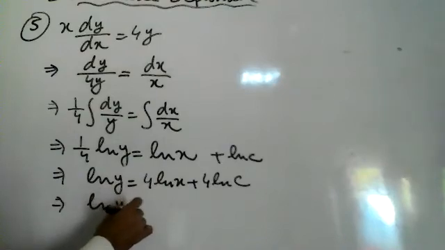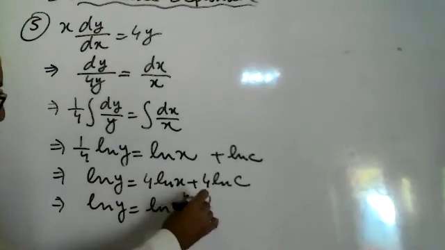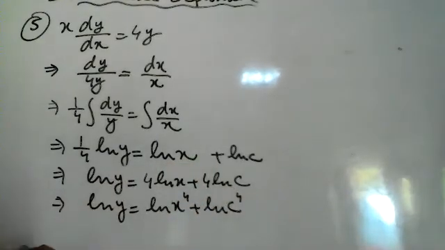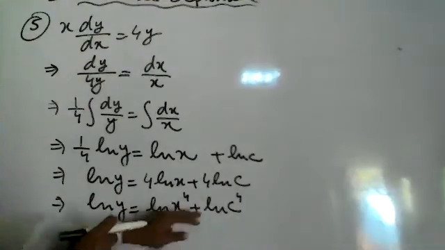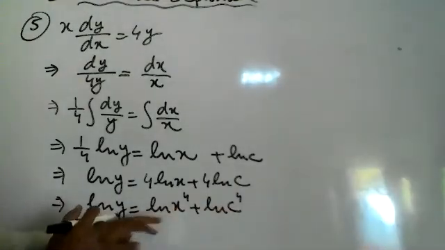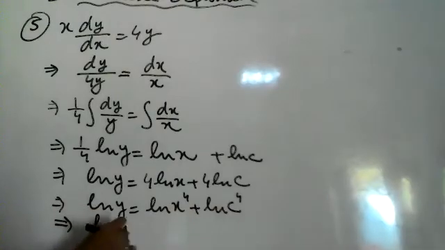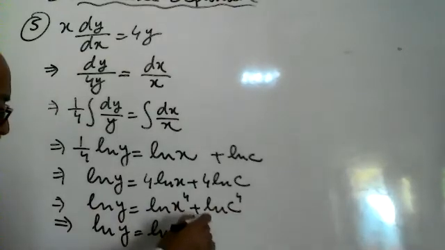So ln y is equal to ln x raised to power 4 plus ln c raised to power 4. When two logs are being added, it means the two terms are being multiplied. It means ln y is equal to ln c4 x4.